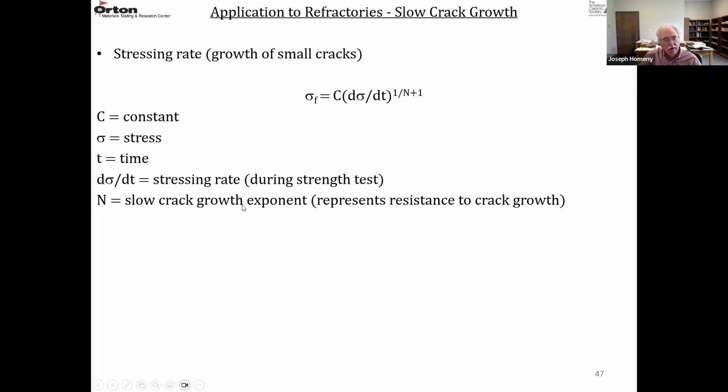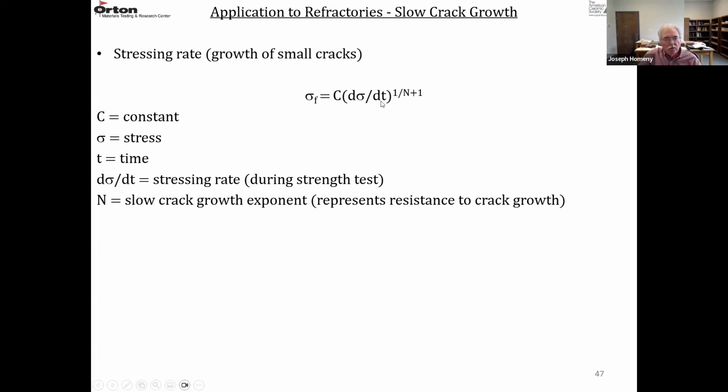So n is a slow crack growth exponent. It's a parameter that represents resistance to crack growth. dσ/dt is the stressing rate. That's how fast you test the sample, how fast you move the crosshead.